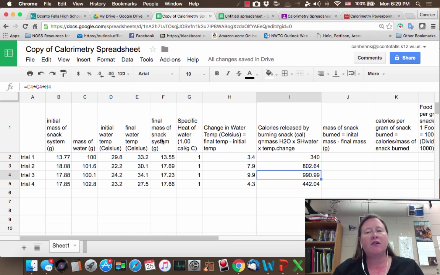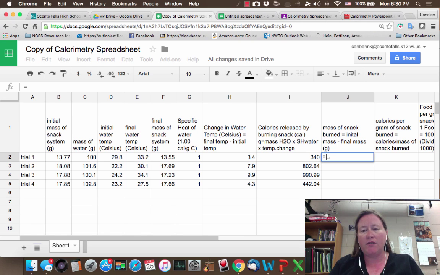So right now I'm just going to take a little pause and have you think about what the formula is going to be that I put into this cell in order to perform this calculation. So since it's the initial mass minus the final mass, the initial mass is in cell B2.